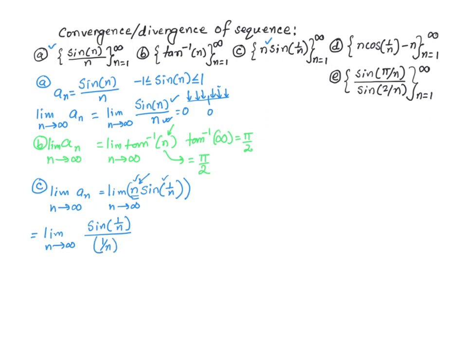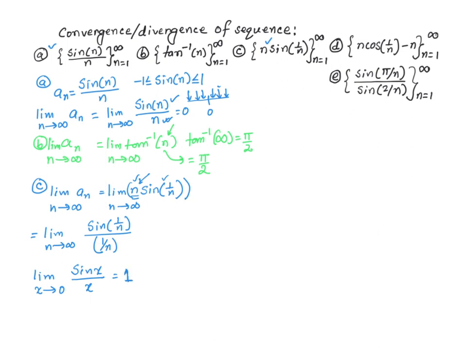This is similar to the limit as x approaches 0 of sine x over x, which is 1, as you know, right? Let me write it out here just to refresh your memory. The limit as x approaches 0 of sine of x over x is equal to 1. And how do we find it? Because we can use L'Hopital's rule, right?